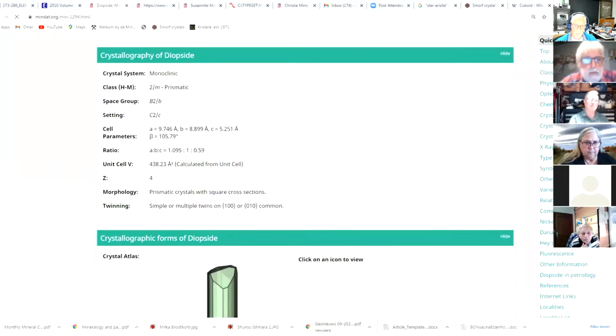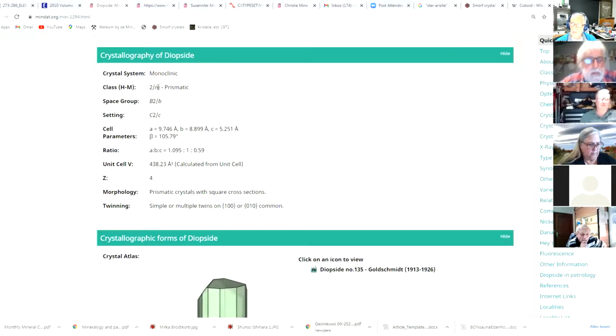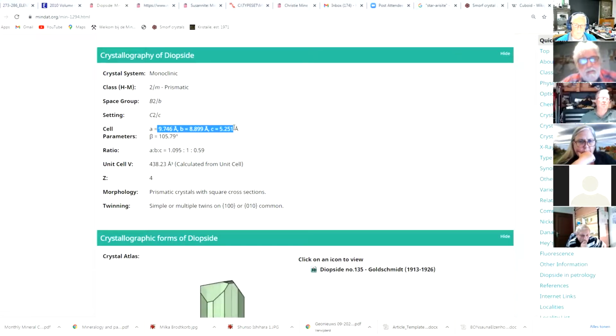Here you have all the information. It's monoclinic, so it has a twofold axis perpendicular to a mirror symmetry plane. And these are the cell parameters, the three values that you have to put in for A, B, and C. Then you have the angle between the A axis and the C axis, which is 105.